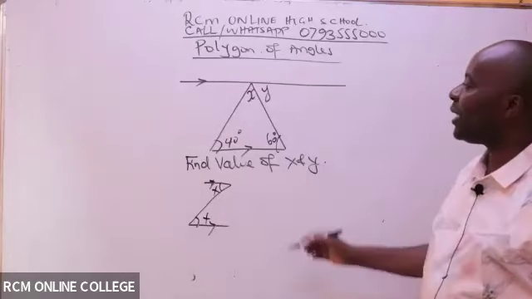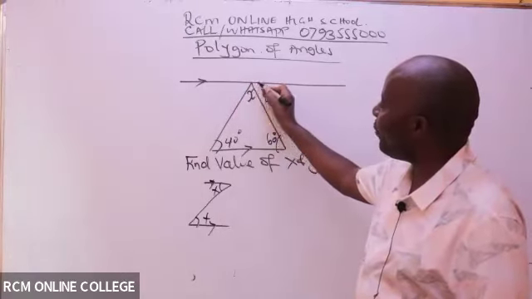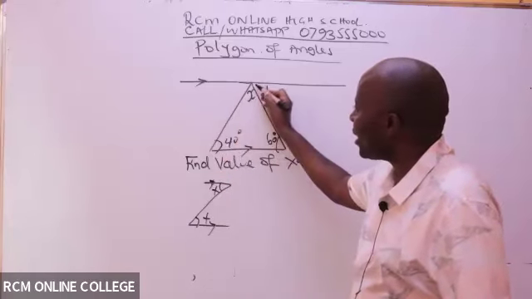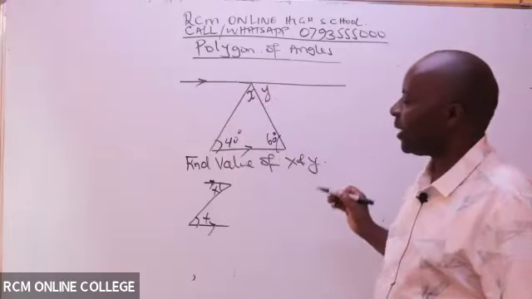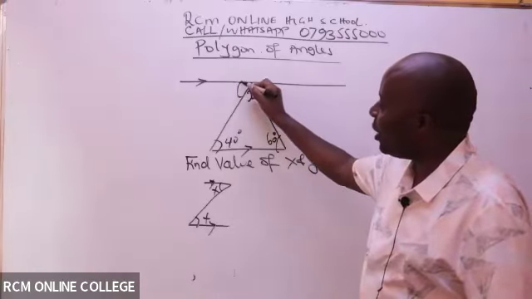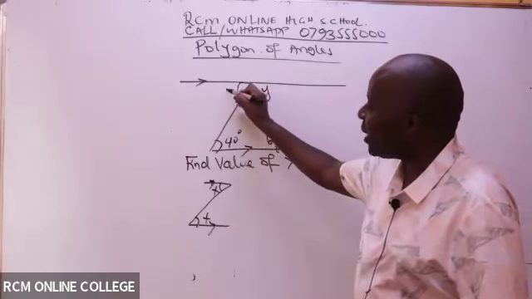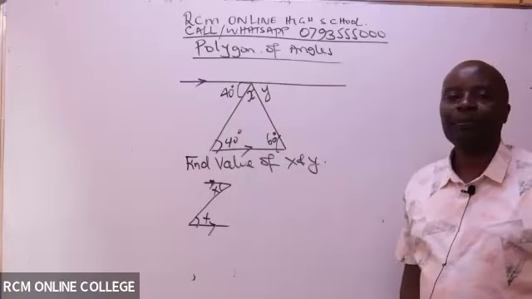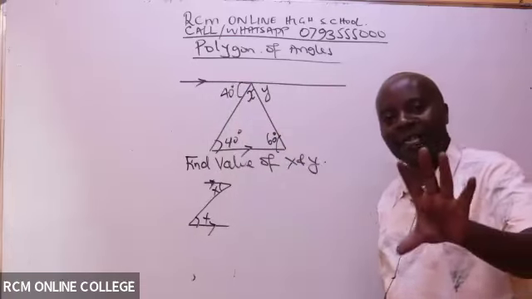So are we able to see the Z? Yes. So I can see this is a Z. So it automatically means that these Z angles, so this and this, they are alternate angles. So this must be 40 degrees. It doesn't matter how that Z looks like.